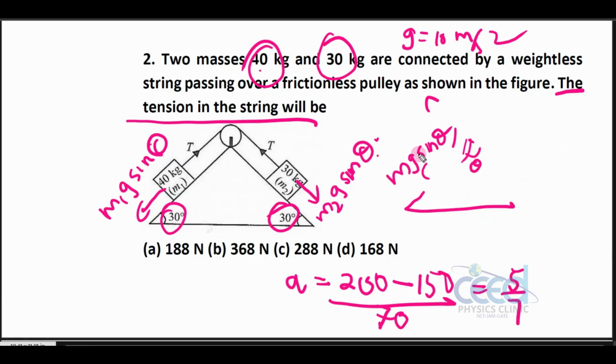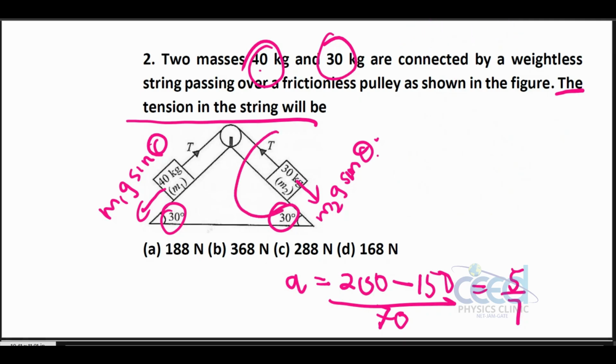Now we need the tension. How do we find tension? Now here one free body diagram. This part is going downward because this part has more mass.